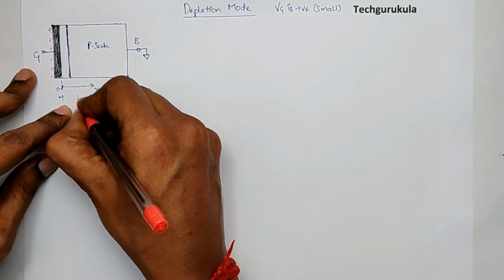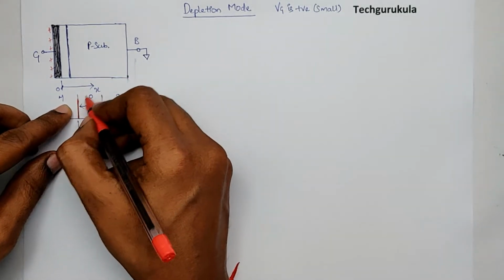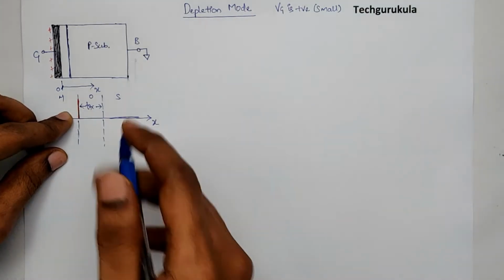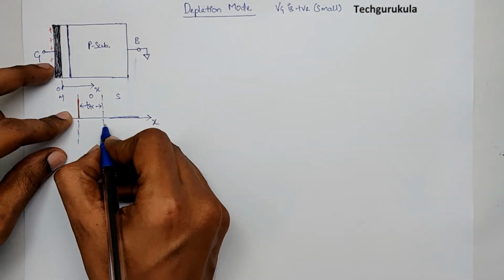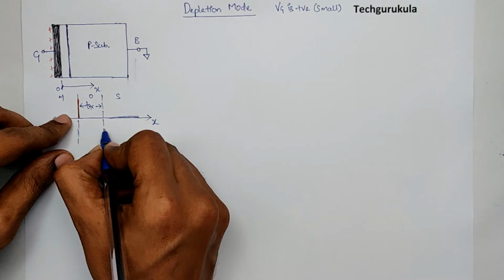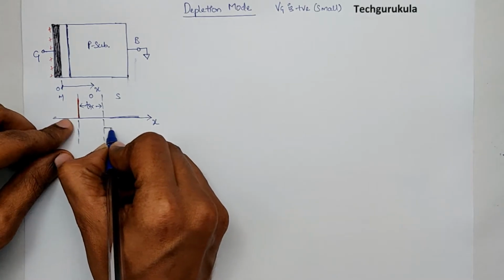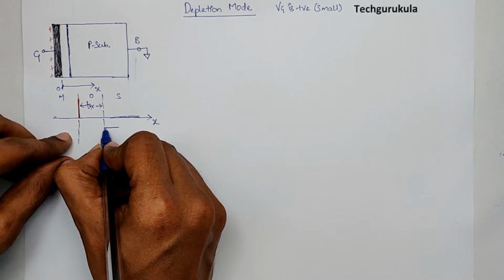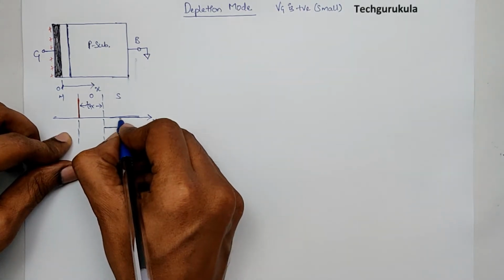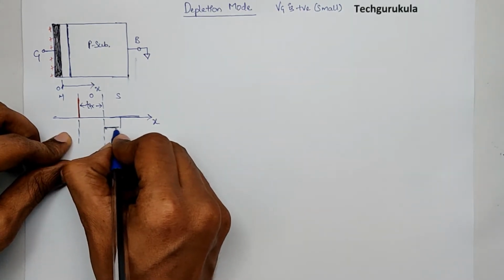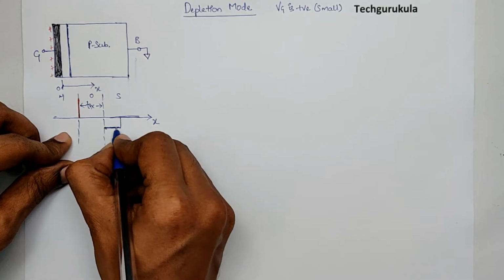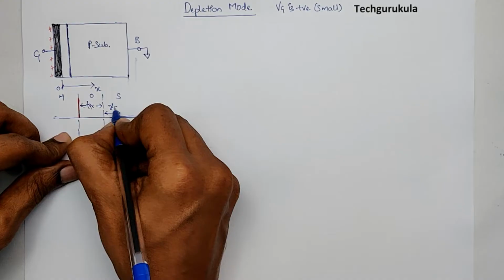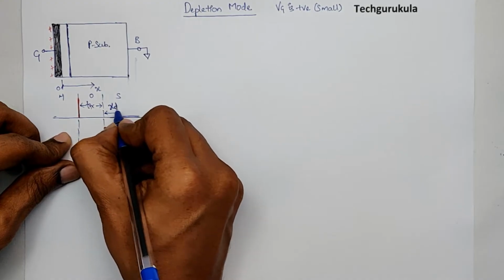Hence it will be like a line charge, or in fact if you see in 3 dimensions, it will be like a surface charge. And the dopant ions here will be exposed. They will be shown like this. As we assume it is uniform doping concentration, it will be like this, and they get exposed till some distance, which I'm taking here as XD, which is the depletion width.